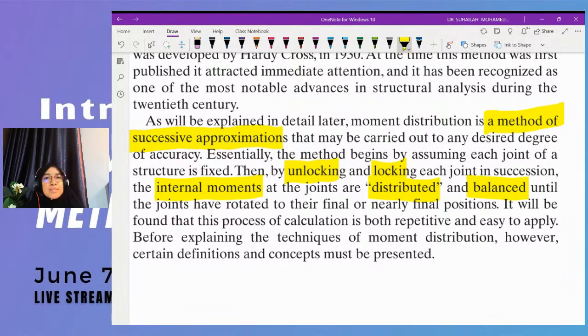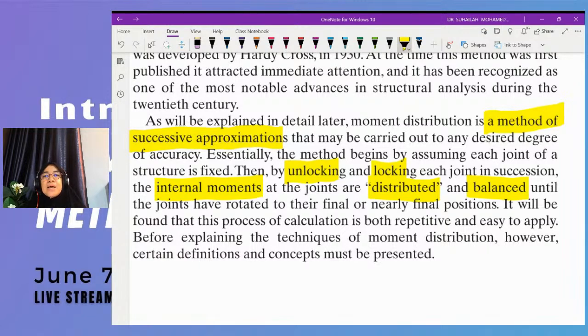There are two main processes in the table. Number one is the moment distribution. We distribute the moment by multiplying the moment at the joint with the distribution factor, and after that we have to balance the moment.